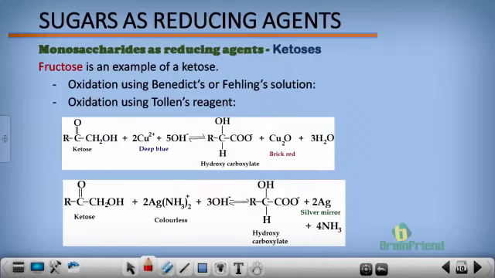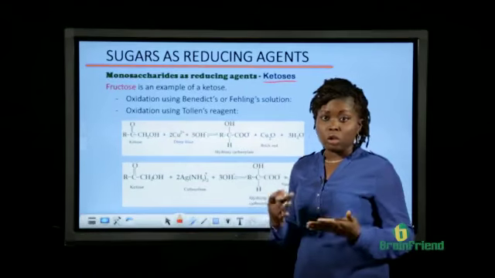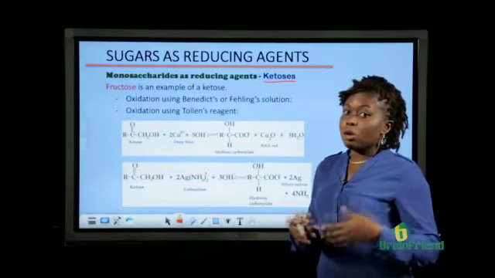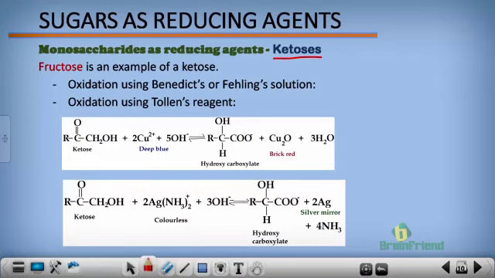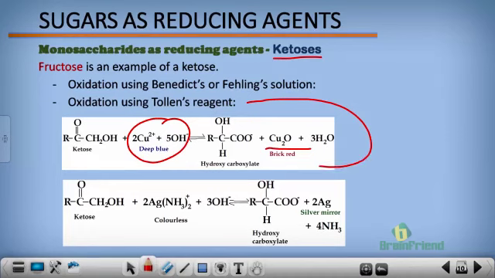Now for ketoses, the monosaccharides with the ketone group, they are also reducing agents. And when they react with Benedict's or Fehling's solution, they also cause a reduction of this solution to copper oxide. And when they react with Tollens' reagent, they also cause a reduction to silver mirror.